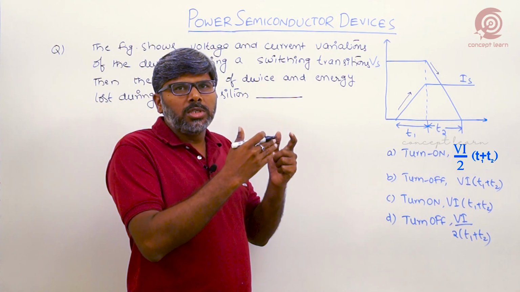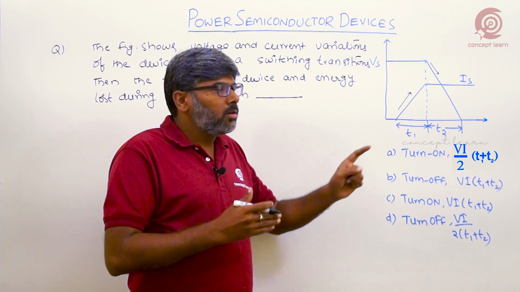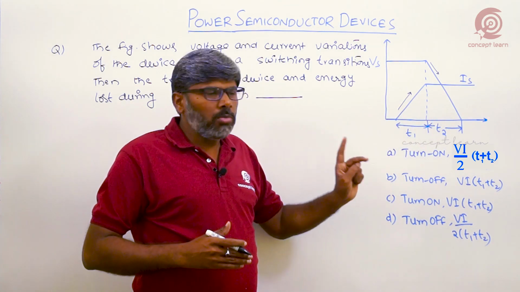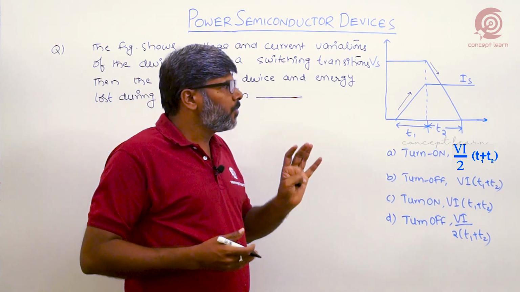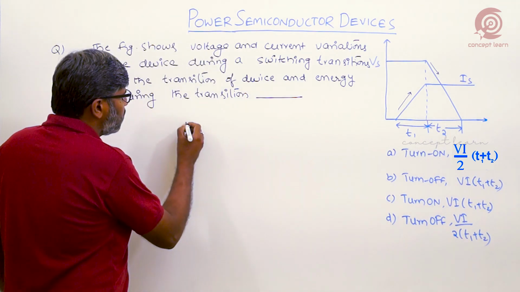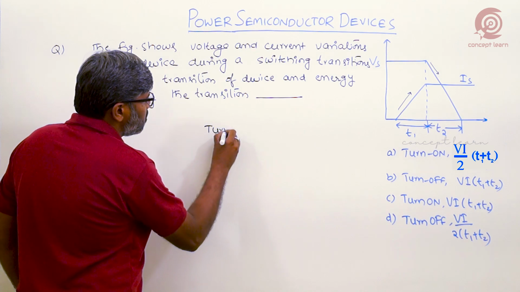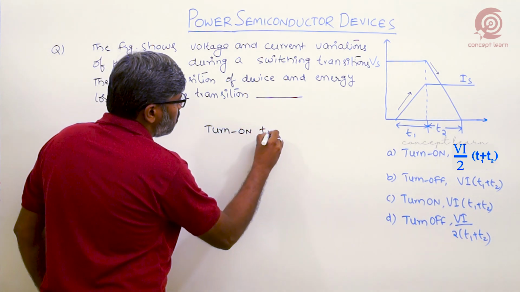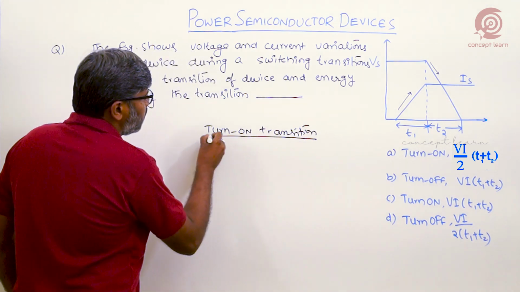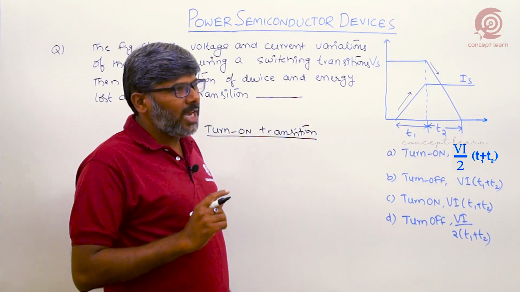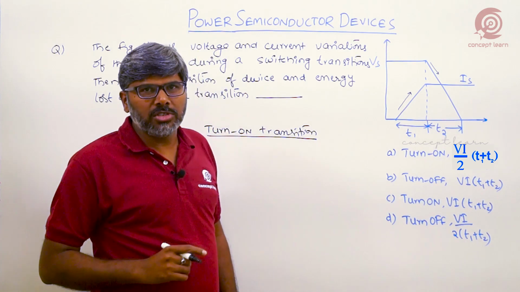Then it goes to on state completely when voltage reaches the on state drop, and current reaches the final steady state or rated current through the device. So definitely the transition of the switch is turn on transition, right?